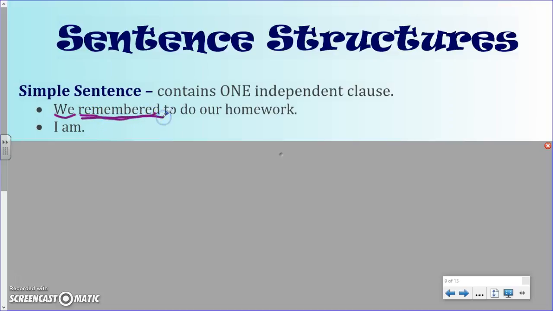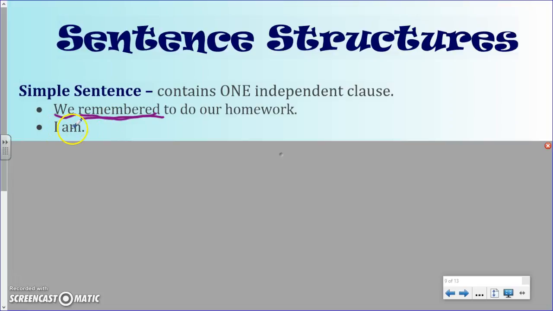My underlines will be a little wonky just because I'm using a mouse, but it still works. So we is the subject, remembered is the verb. To do our homework is just a modifier; it gives us information about what you remembered to do. It doesn't have a subject or a verb.